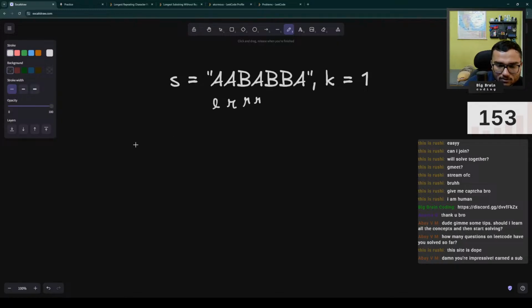Then it'll be 4 answer, and I have run out of K at this point. Then should I be starting from here? No, I shouldn't. I should be starting where there is a change from B. Yeah, this seems a pretty bad idea.